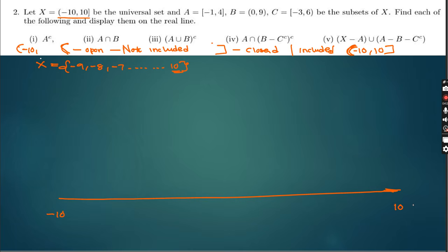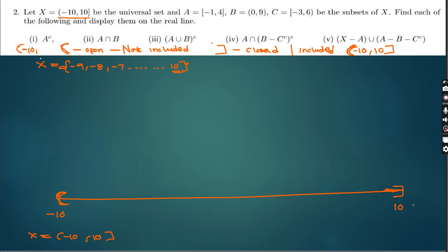So we're going to use the brackets now. Here we have an open bracket, because set x is negative 10, 10. And here we have a square bracket.